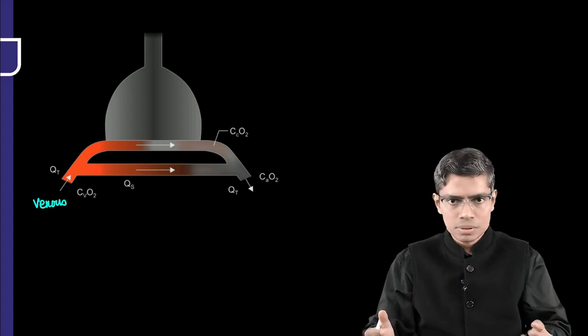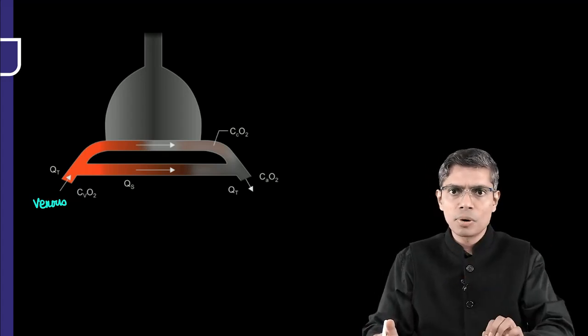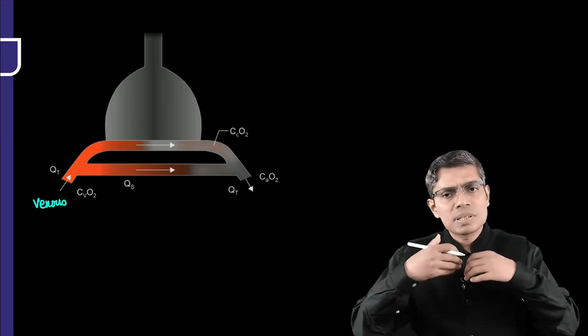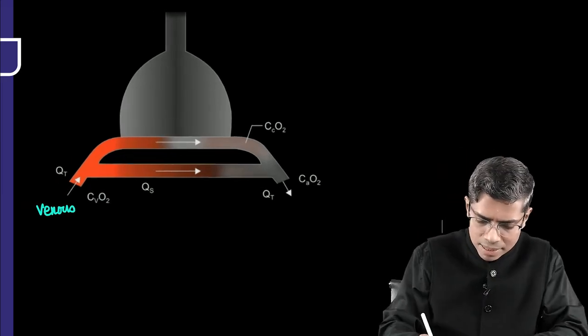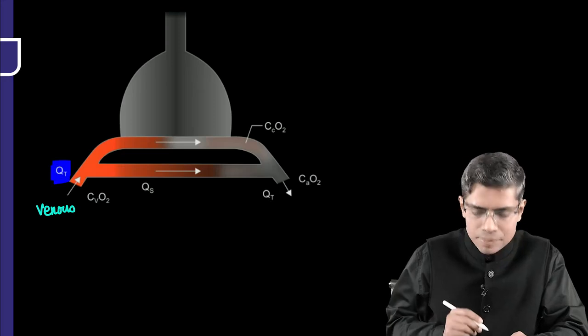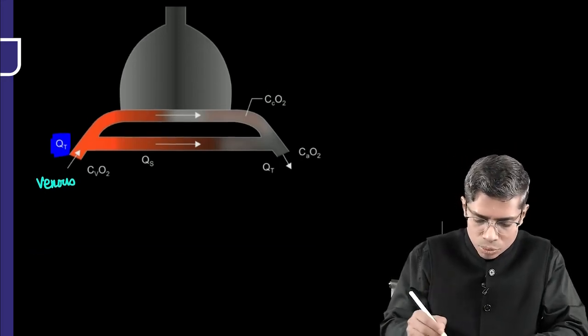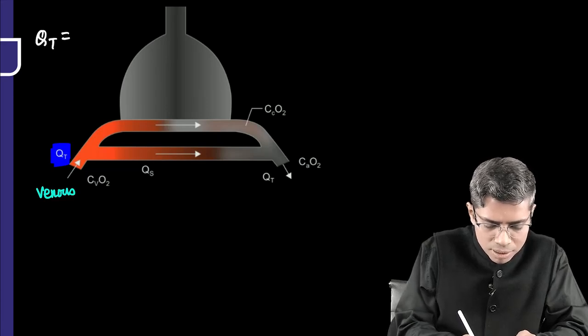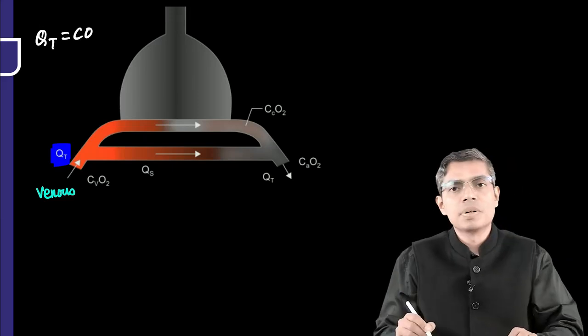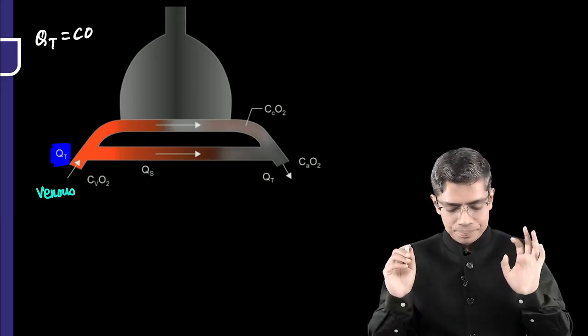The whole cardiac output. Although 2% is going to the bronchial artery, forget about that. Approximately the whole cardiac output is reaching the level of the lung, right? So that volume of blood is QT. QT is the total volume of blood, or you can say that QT is equal to the cardiac output of the person.